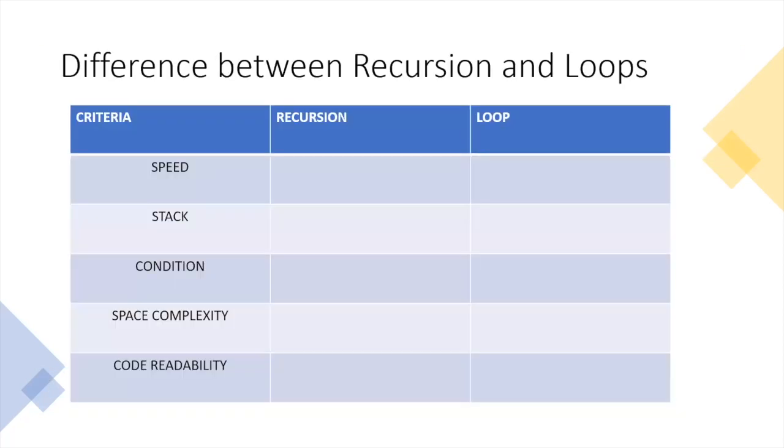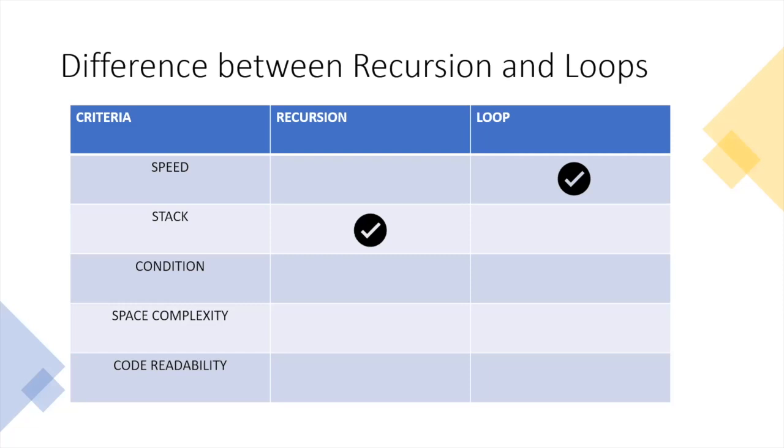Moving on, we'll be learning the difference between recursion and loops. When it comes to speed, a loop is definitely faster, but recursion helps you break down the code into simpler blocks, which can be a very big help when it comes to complex problems. Now, stacks can only be implemented using recursion. They cannot be implemented using loops. Now, condition.